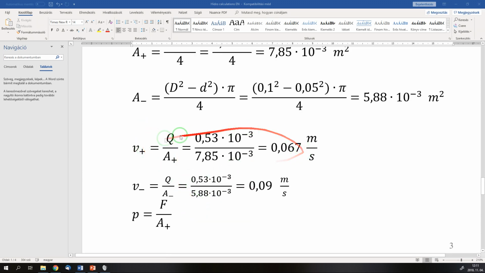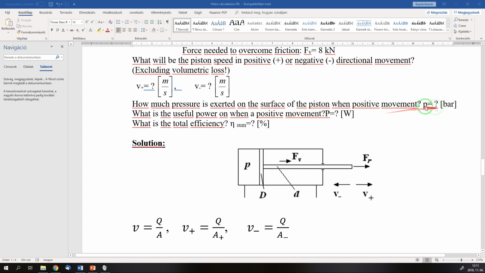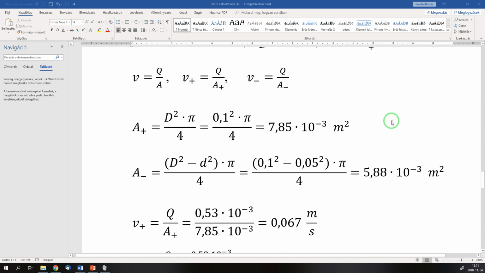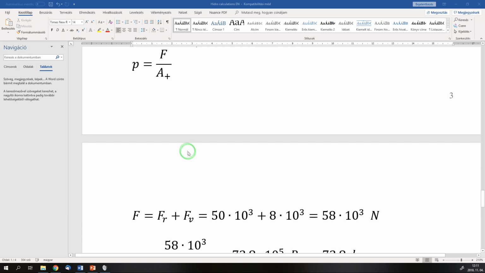So we have the speed, and I know that if I want to make some force, I have to use pressure with these applications. So P equals F per A. So we will move the cylinder in the positive direction, and I have to have 58 kilonewtons.